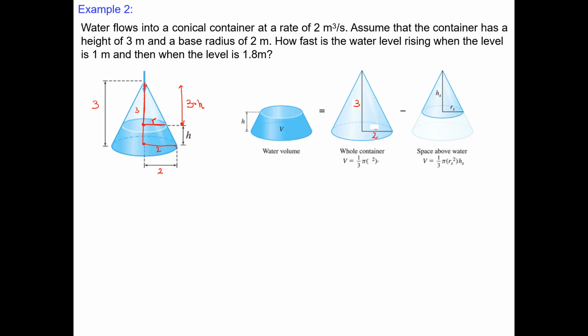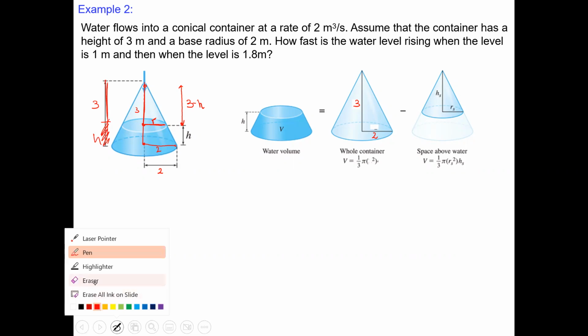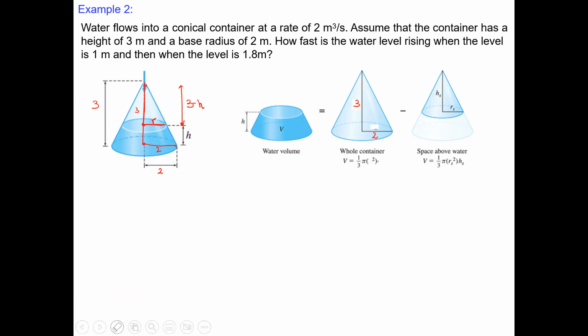That means if this is h, this is 3 minus h. We know if this is 3, we subtract h, this is 3 minus h. Oh, so messy. Okay, this one is 3 minus h, and this will stay r, just instead of r sub s.